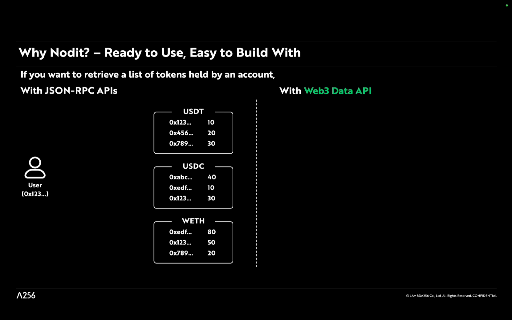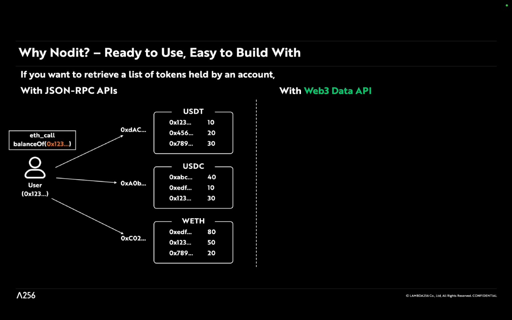Even if you somehow collect those contract addresses manually, you still have to loop through each one, calling the balanceOf function again and again. The more tokens you want to check, the more API calls you have to make. It's slow, inefficient, and hard to scale.